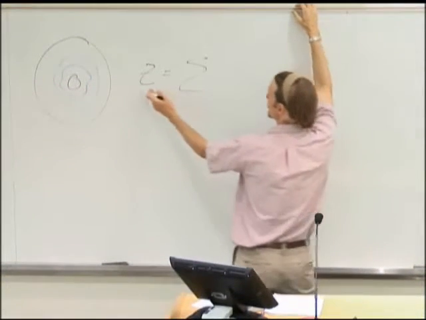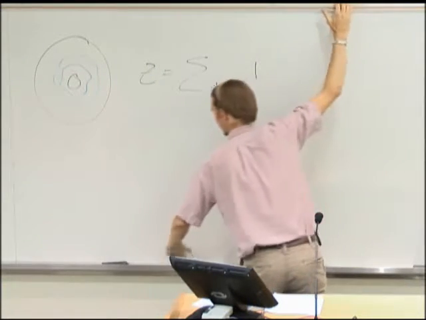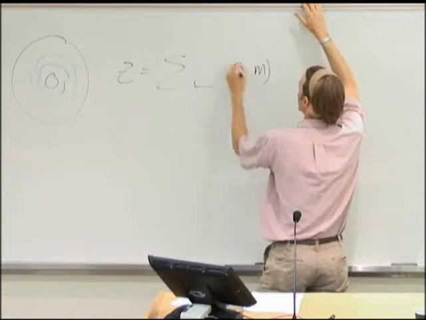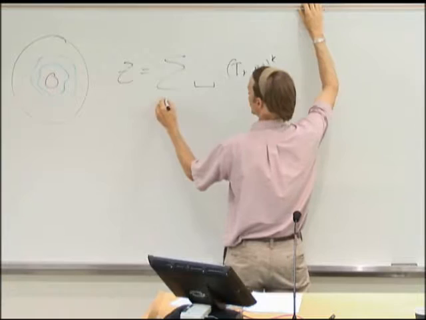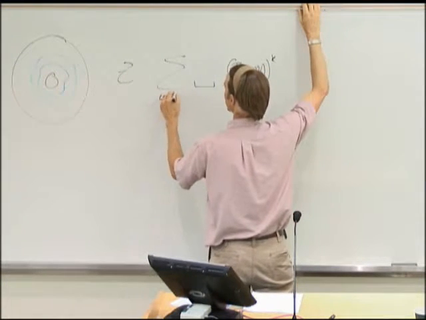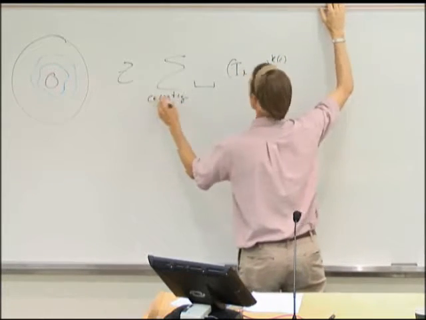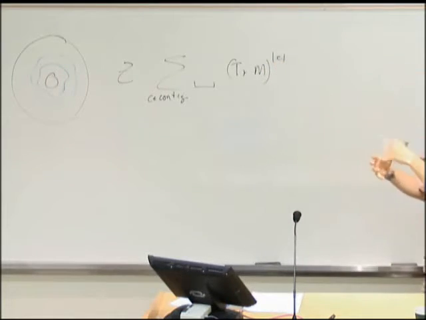So what is the partition function? It's the sum, well, there are some weights, times the trace of m to the power k when we have k loops. So it's the sum over configurations c, and the size of c is just the number of loops which go around.